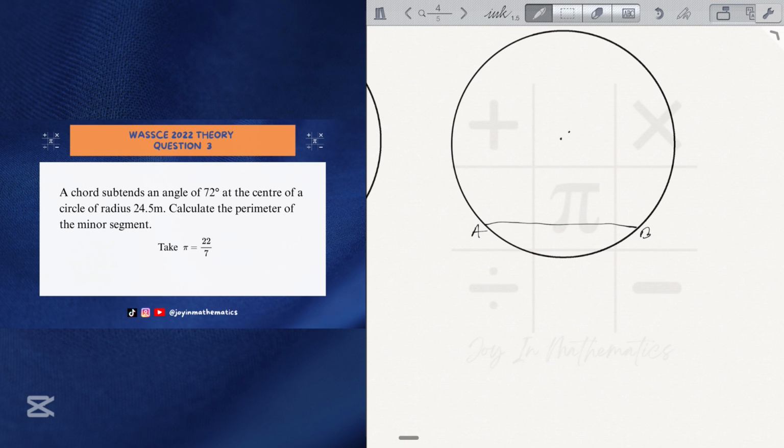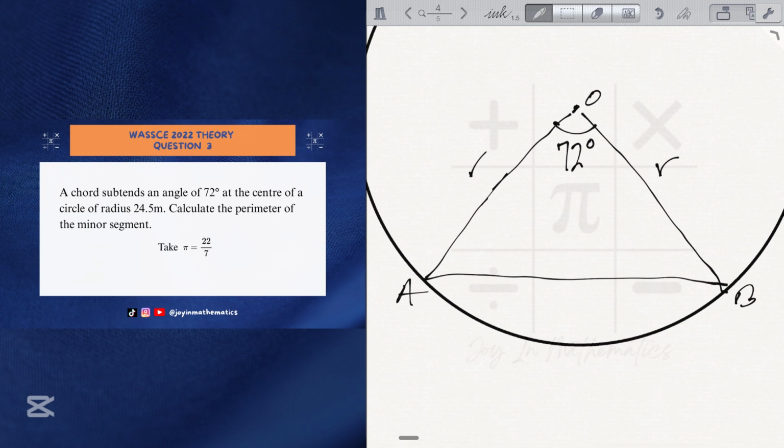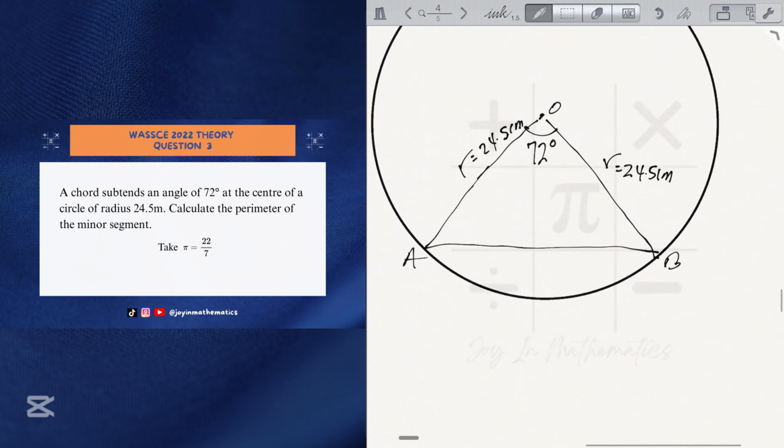If we call this center O, then from A to O with radius and radius, it subtends an angle of 72 degrees. The circle has radius 24.5 centimeters. The question says we should find the perimeter of the minor segment.